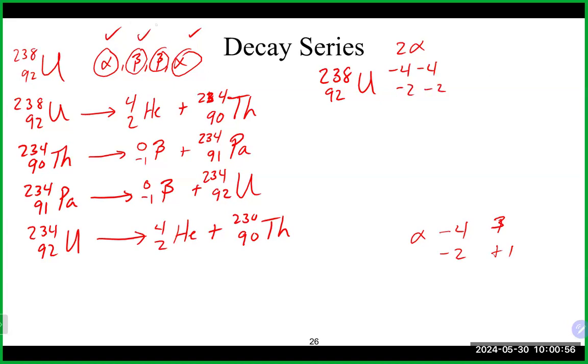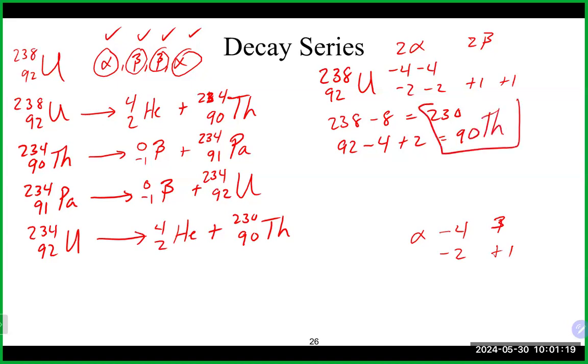We also have 2 beta particles, which means on the bottom we should add 1 twice. So if we just did the math here, that's basically 238 minus 8 gives us 230. That's going to give us 92 minus 4 plus 2, so that takes us down to 88 plus 2 is 90. And there is our end product of this short decay series.